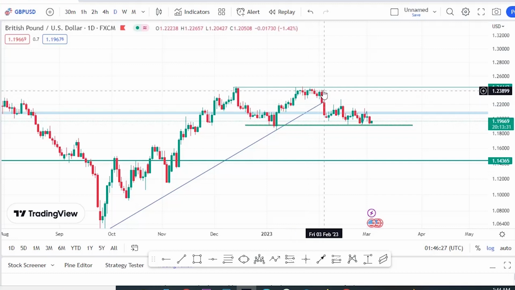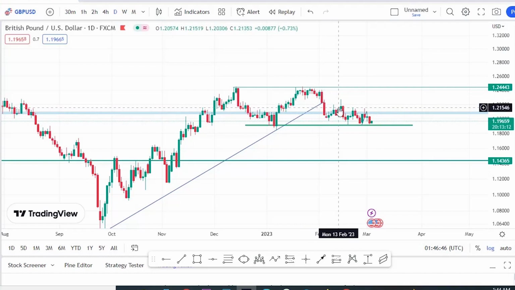So now price eventually ending up with the M pattern, price eventually ending up dropping all the way to the downside. So you can see when price moved towards the daily level right here, price eventually ended up consolidating to the upside a little bit and pushing to the downside a little bit.